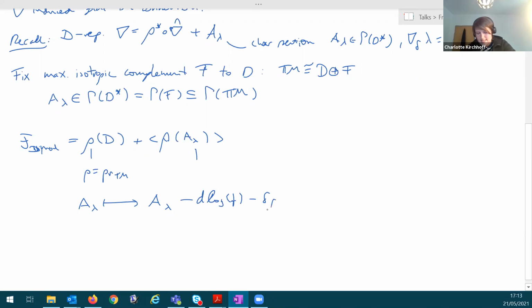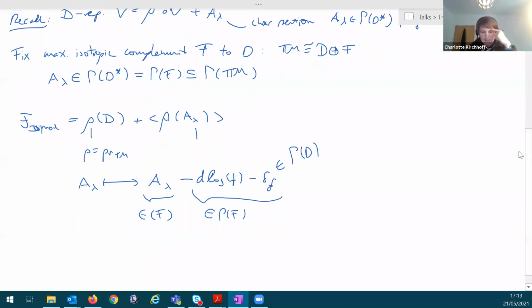However, we can always add a section of d itself so that this thing is in f, and so the whole thing, the modified characteristic section, is also again in f.